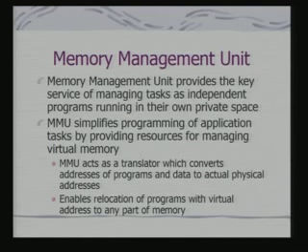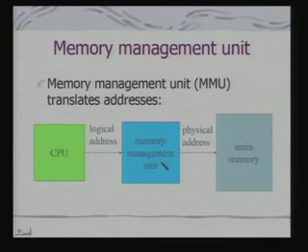The MMU translates the logical addresses the programs generate to physical addresses, without physically moving around the code. So, conceptually, the memory management unit lies between the CPU and main memory.